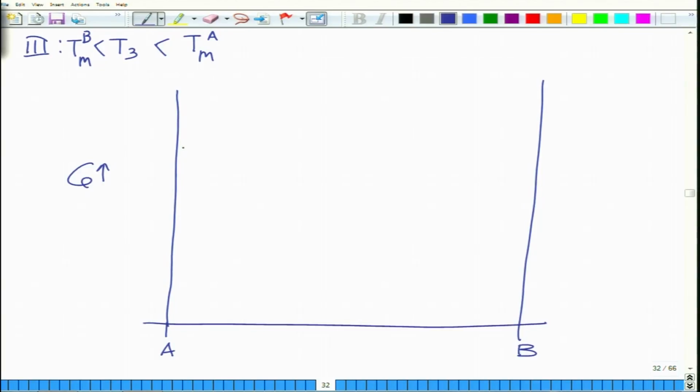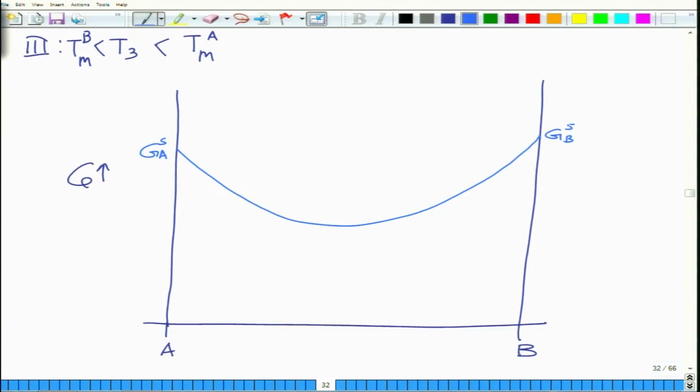Now these two free energies, as you can understand, will start crossing each other. So if you plot, let us say for solid, this is GAS, this is GBS.